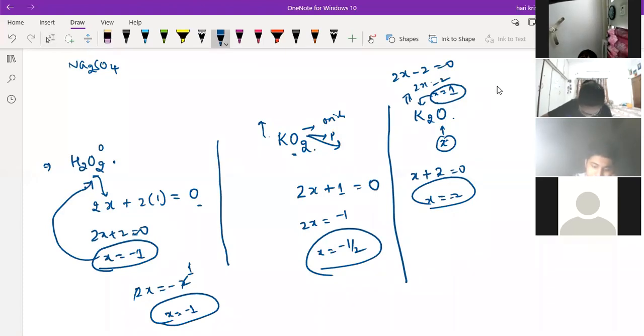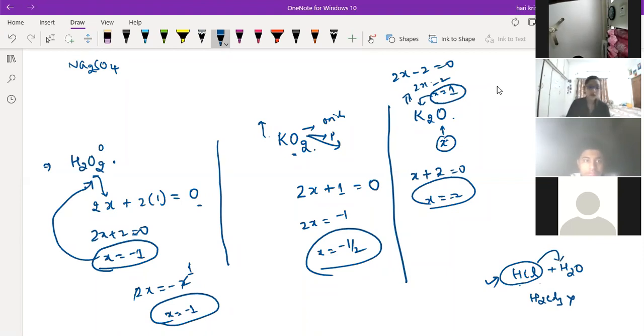That's a compound. Hydrogen and chlorine are always in a definite ratio only, right? If it reacts with the water, it cannot form like H2Cl2 or H2Cl3. It will be HCl only. So HCl is a compound. Whenever it is mixed with the water, it will undergo the dilution process. That's all.